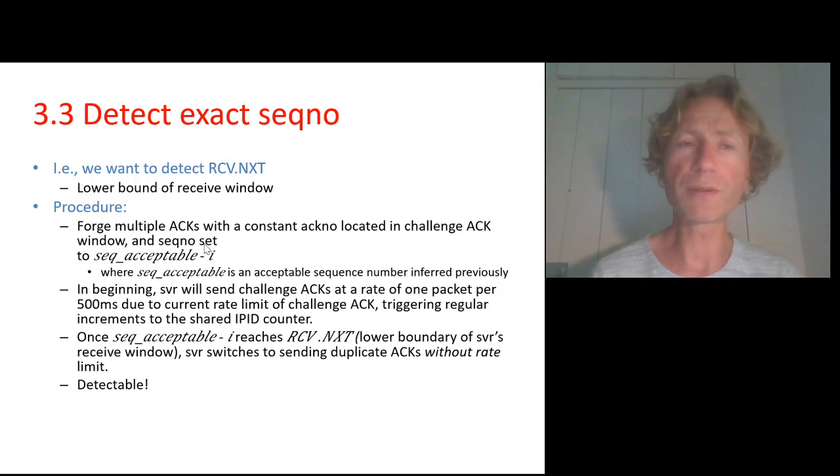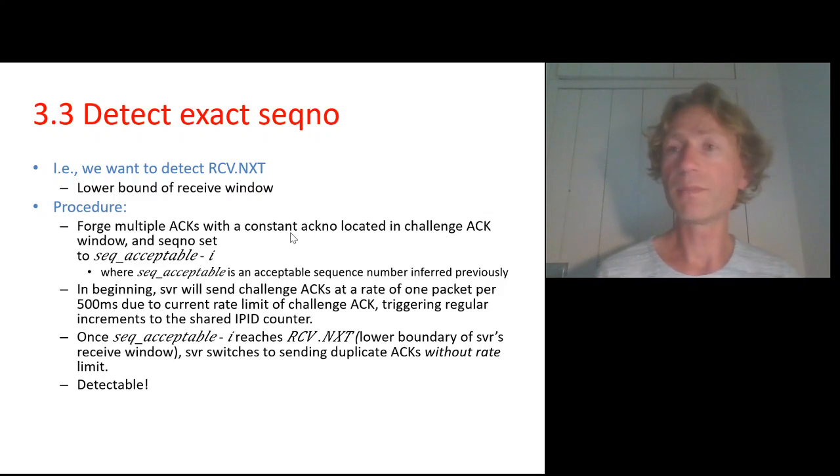And the procedure of that is to forge multiple acknowledgements with a constant acknowledgement number located in a challenge ACK window and a sequence number that is set to a sequence number that was acceptable minus some value I. Okay, so the acceptable sequence number that we found earlier minus some value I.